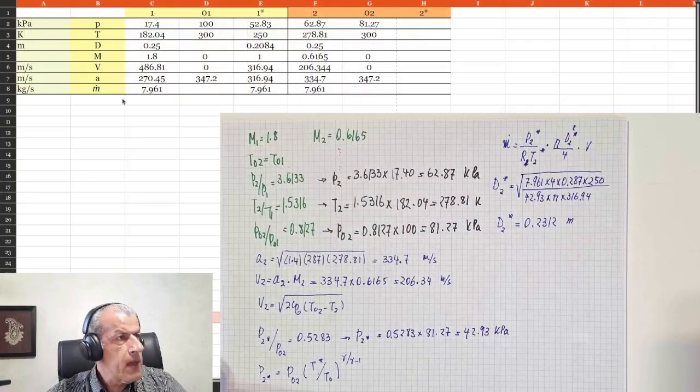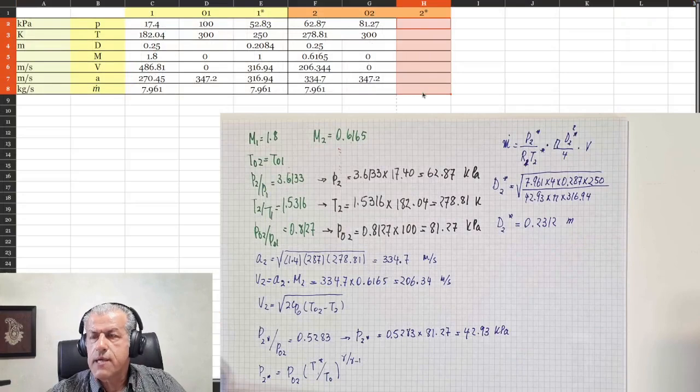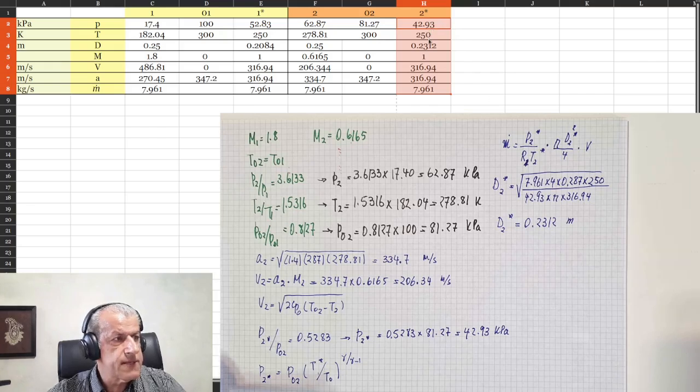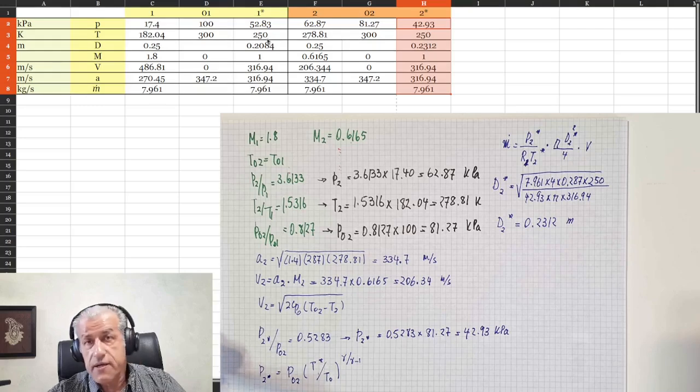Now, we could put these values in our table, and if you go to this column of our table and see what the values are, we see that the pressure is 42.93, the temperature at the throat is 250, just the same as the first throat. Since the total temperature is the same, the static temperature at the throat would be the same.